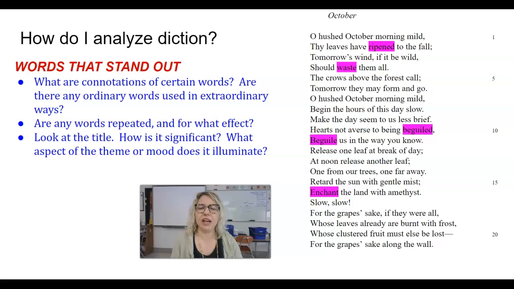And so the fact that the leaves are in this poem described as ripened provides a different connotation. Connotation is the feeling that's created by a certain word. Denotation is the direct definition of a word, what the word means.